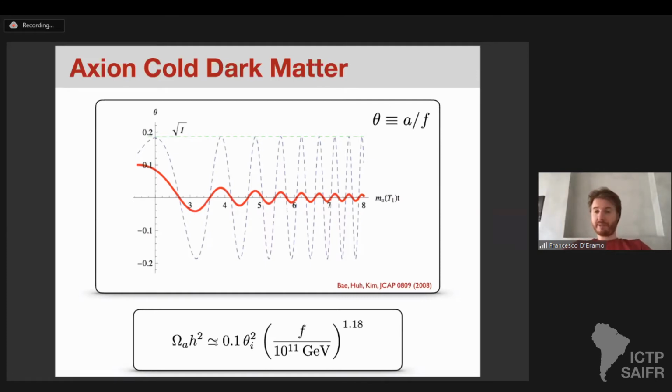our ignorance about the precise value for the temperature dependence of the axion mass.